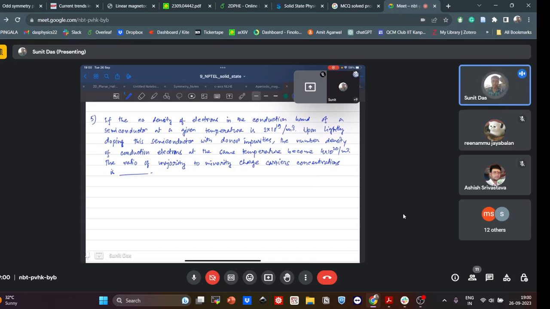As we know, impurity increases the carrier concentration, or the electron concentration. So we need to find the ratio of majority to minority charge carrier concentration. This is an easy problem, so let's try to find out.